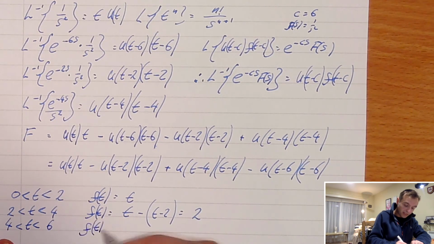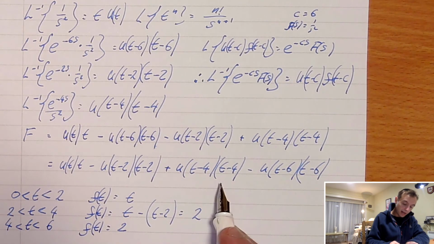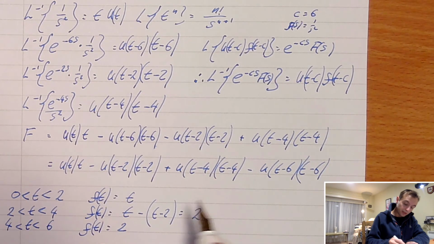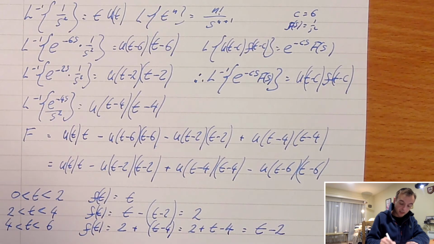So f of t equals everything that came before, which is 2, because that's still on. But between 4 and 6, we've got another function, plus t minus 4. So that should be 2 plus t minus 4 equals t minus 2.